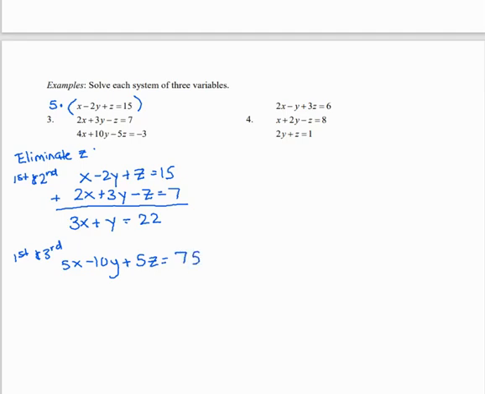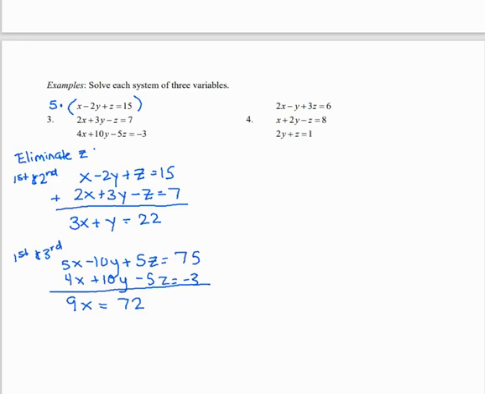The third equation I will leave as is, 4x plus 10y minus 5z equals -3. Now, this is going to be awesome because when I put these together, I get 9x equals 72. The y's and z's both canceled. So I'm just left with 9x equals 72.